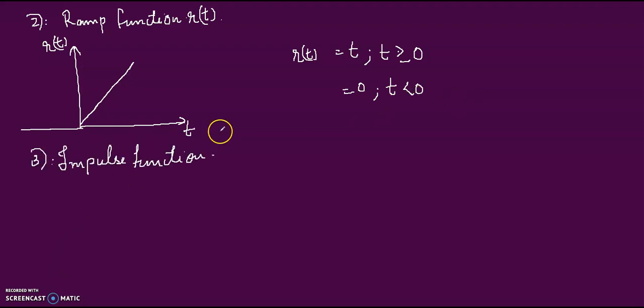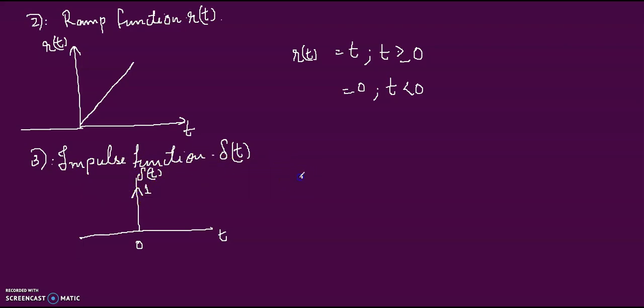Next, impulse function. Impulse function is represented by del of t, and its value exists only at t is equal to 0. That is, its value is 1 at t is equal to 0, then it is called a unit impulse function, or otherwise it is called an impulse function.